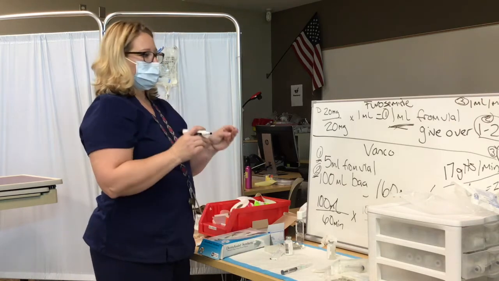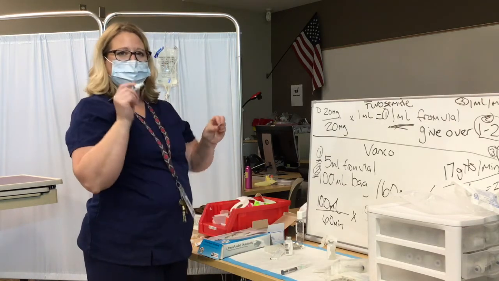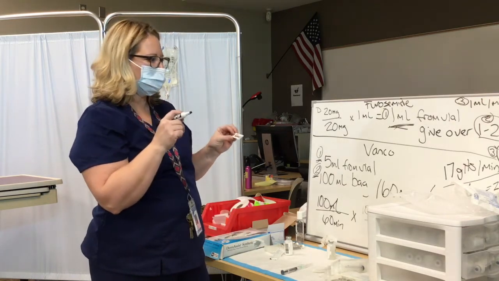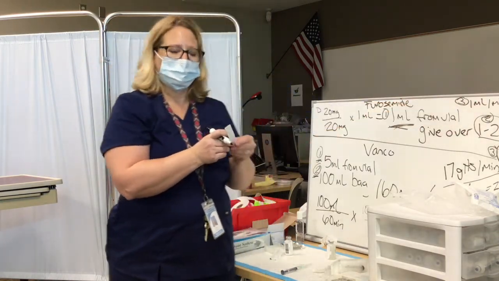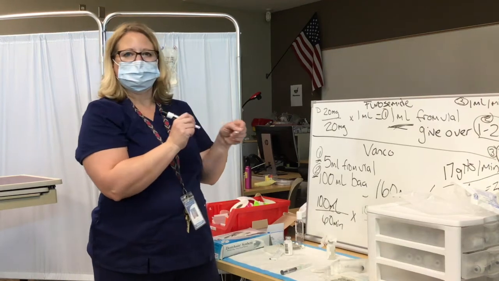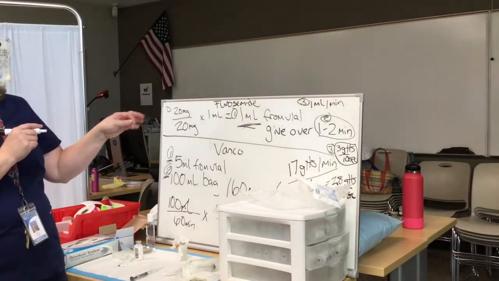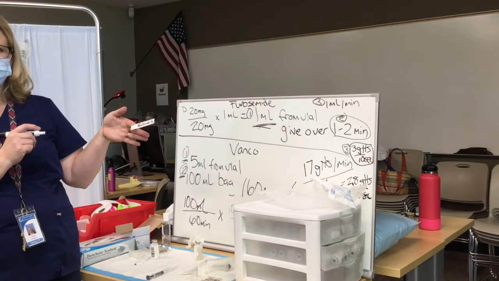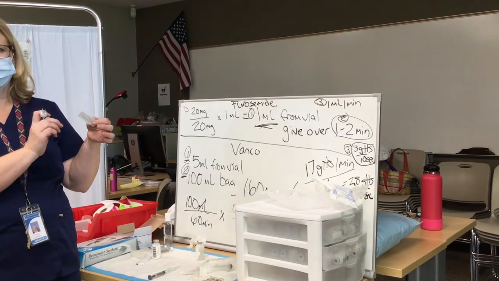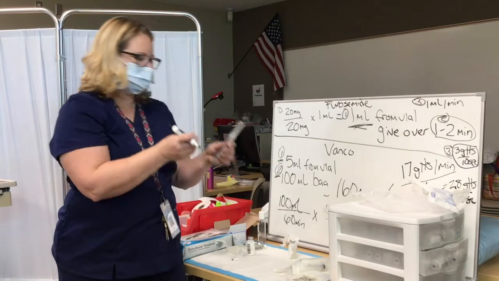And what I would recommend is if you're not using a giant Sharpie and you're using a nice ballpoint pen and you have a decent label, write your push rate in there. Write 1 milliliter a minute. Because then when you go to the bedside and you have forgotten how fast to give this, it will be on your label.